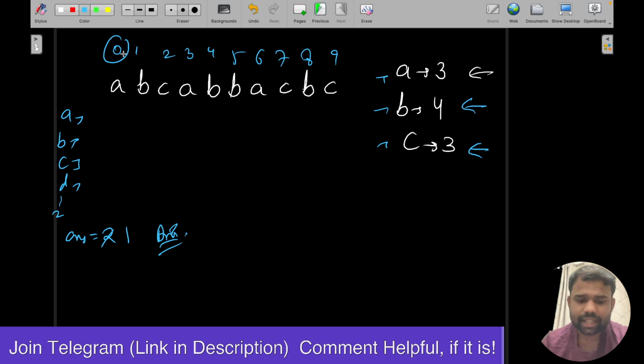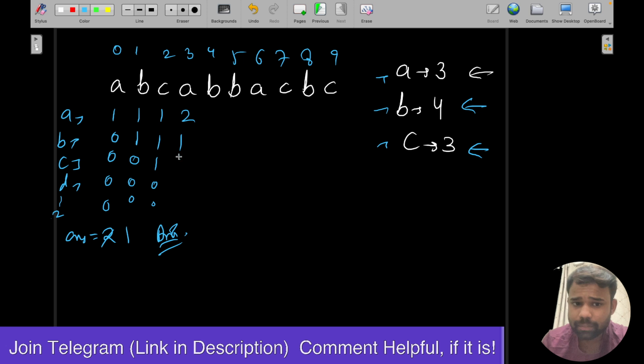So for the 0 index, A will be 1 and else will become 0. Why? Because till here, only one A is present. Now till here, one B is present and one A is also present. Else are 0. Till here, 1A, 1B, 1C. Till here, 2A, 1B, 1C.